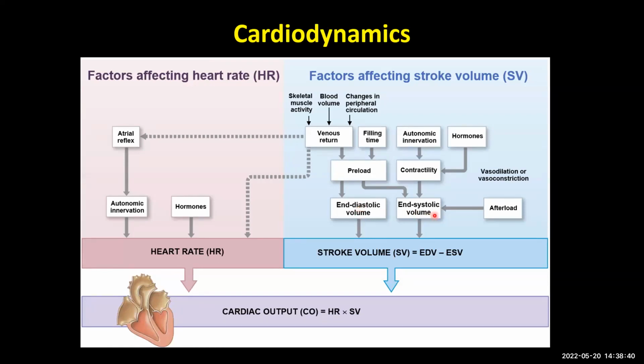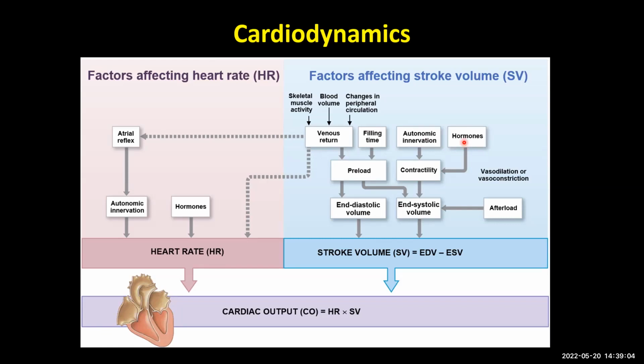The end-systolic volume is affected by three things. One is the preload, which is again affected by venous return and filling time, heart rate. Then the contractility of the heart, which is the sympathetic and parasympathetic. Sympathetic, remember, is increasing contractility, parasympathetic decreasing.